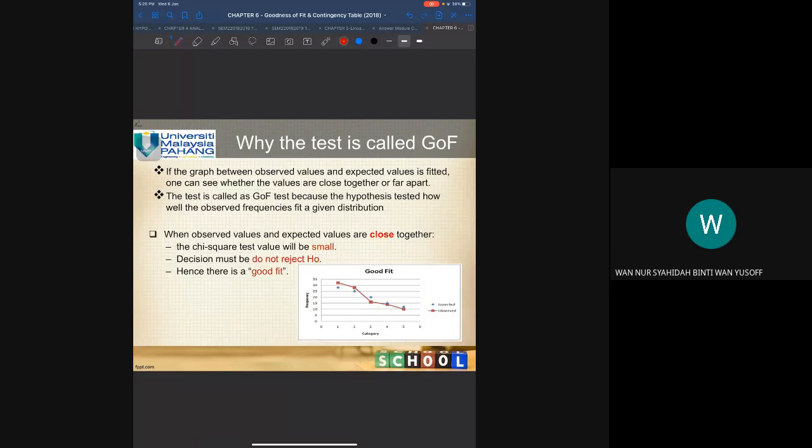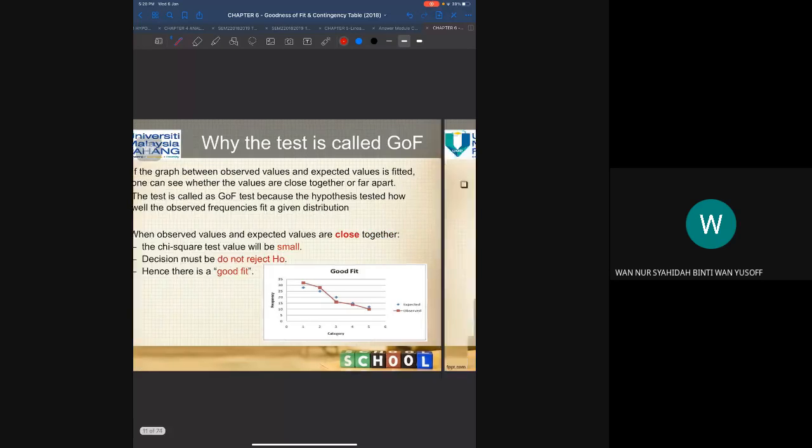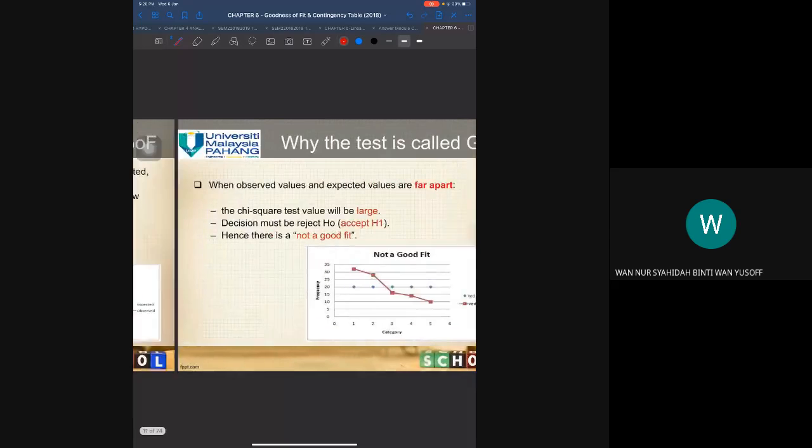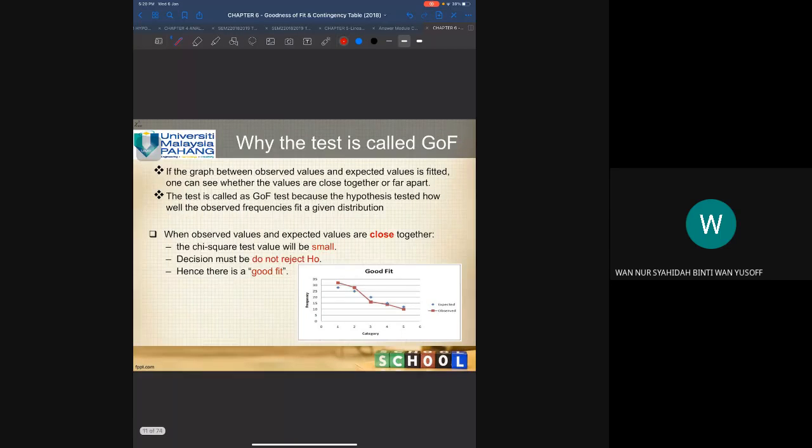So this is the characteristic of a good fit, and also a not good fit. Usually after you are done with the hypothesis, the next question might be whether you have a good fit or not. Good fit means that your chi-square test value will be small.